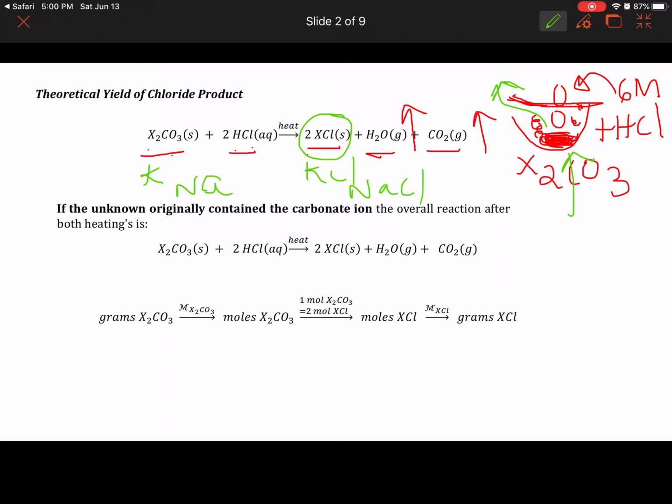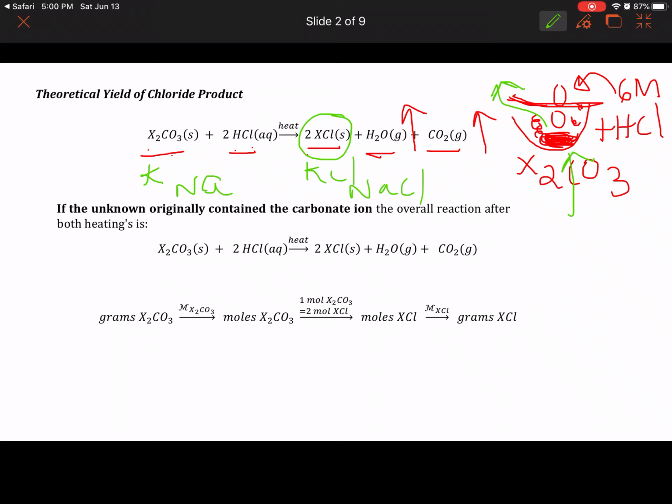After it's completely dried, after all the liquid is gone and you have a white solid, you take it from the Bunsen burner and let it cool until it becomes room temperature where you can touch it safely. Then you take the crucible or evaporating dish and the lid together, along with the product, and get the mass again.